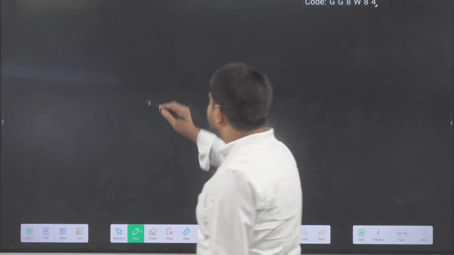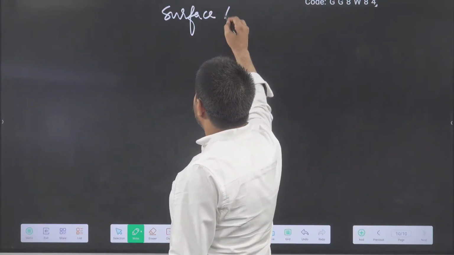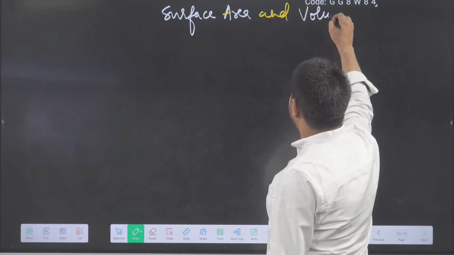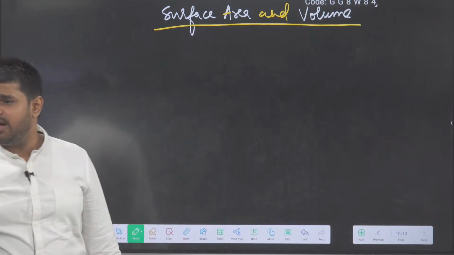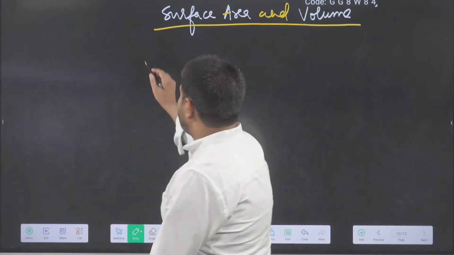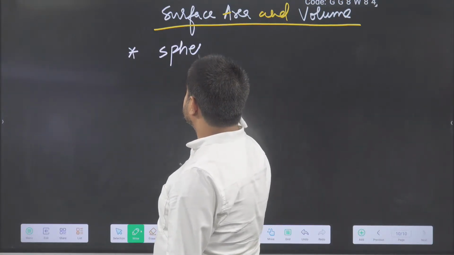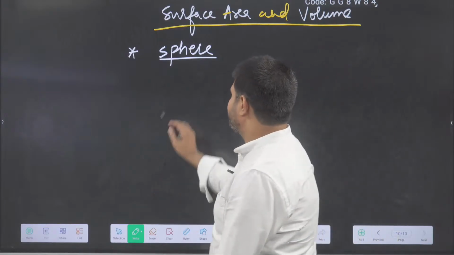Okay, surface area and volume. First object, sphere.